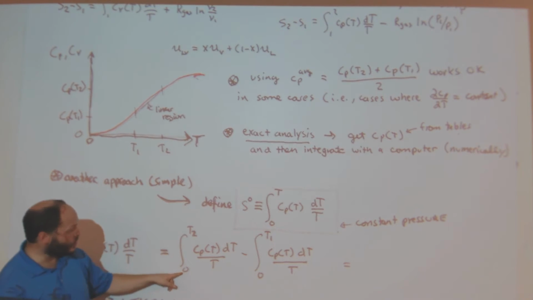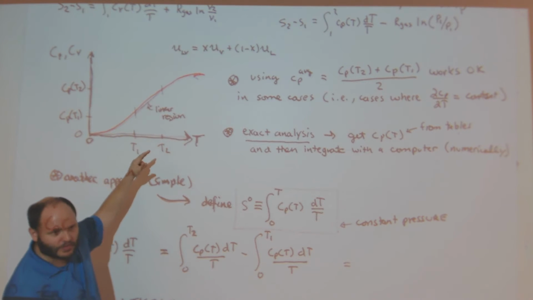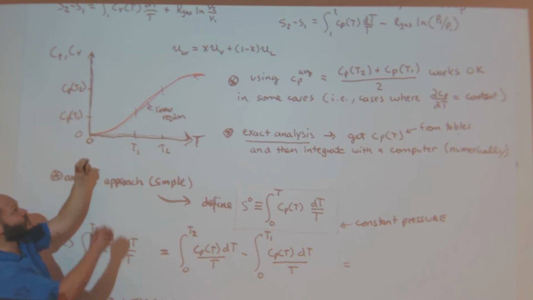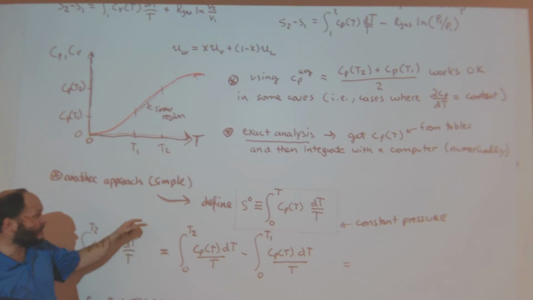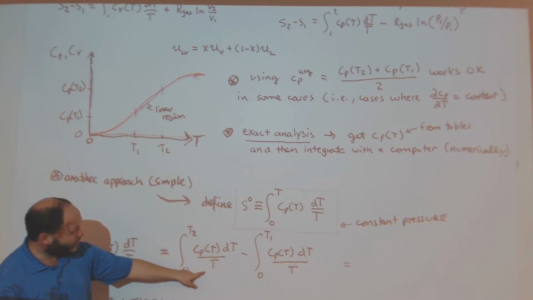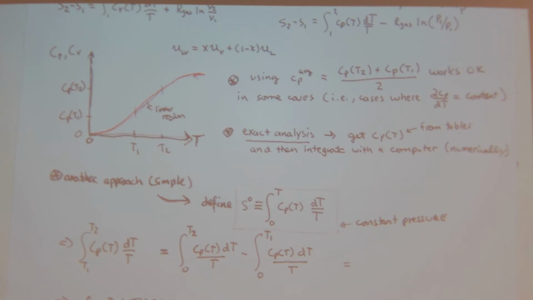The curve would look a bit different, since 1 over T at 0 would be infinity, but nevertheless, this minus that. With my earlier definition of S sub 0, that means this is equal to S2 zero minus S1 zero.